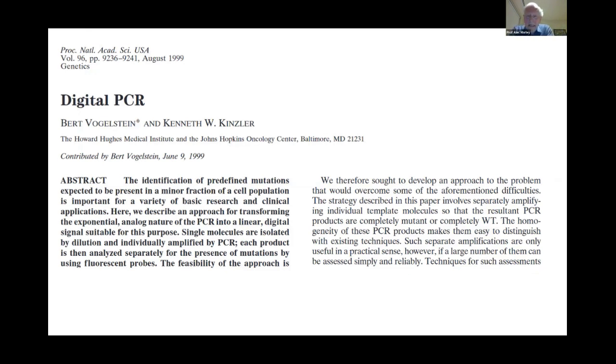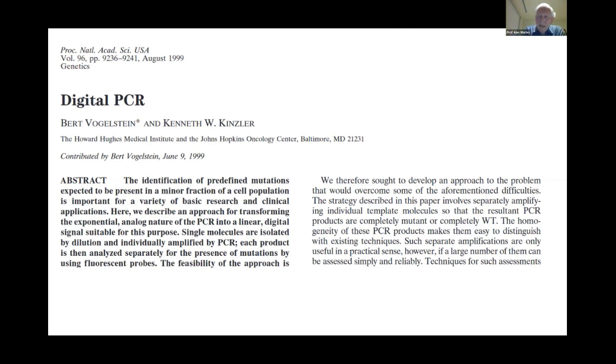And then at the end of the PCR, they added probes which would distinguish wild type and mutant RAS mutations.